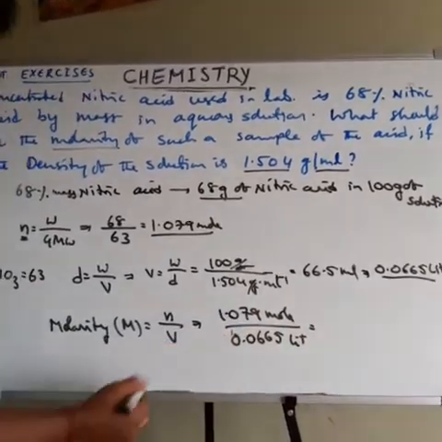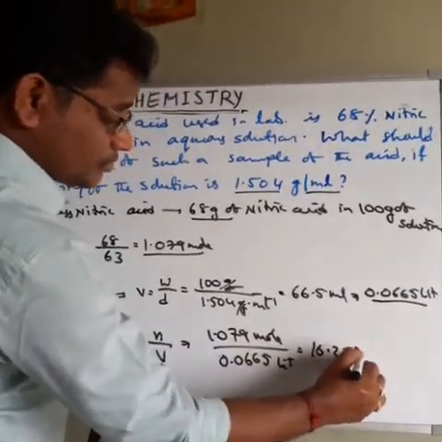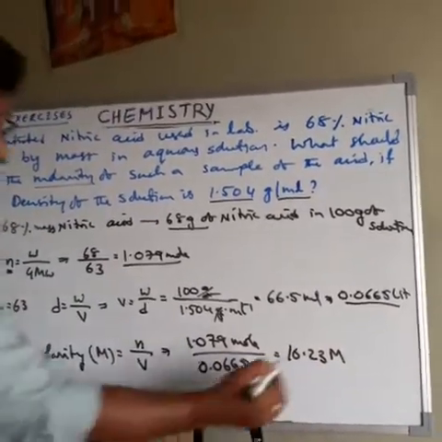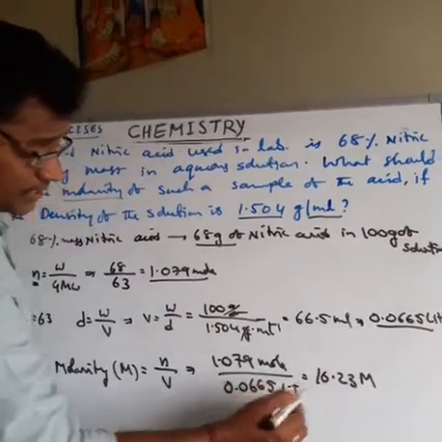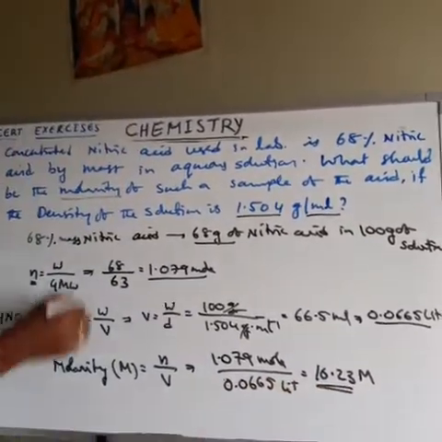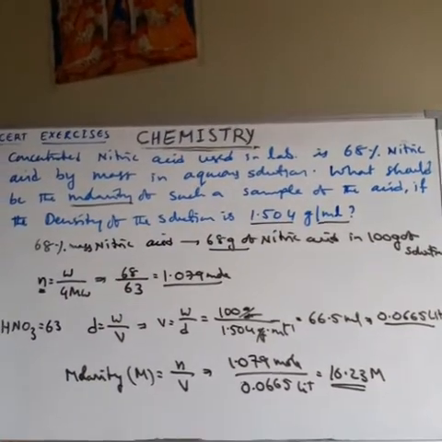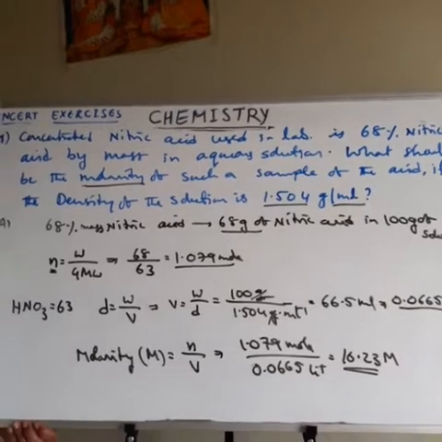We calculate this and we get 16.23 mole per liter. Molarity has units of mole per liter. So your answer is 16.23, the molarity of that sample. So this is about question number 4. Next one is question number 5.